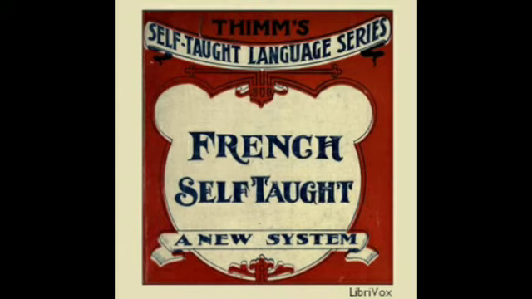The past participle is formed by adding to the root of the first conjugation an e acute, to that of the second an i, to the fourth a u, as donner, to give, donné, given; finir, to finish, fini, finished; vendre, to sell, vendu, sold.